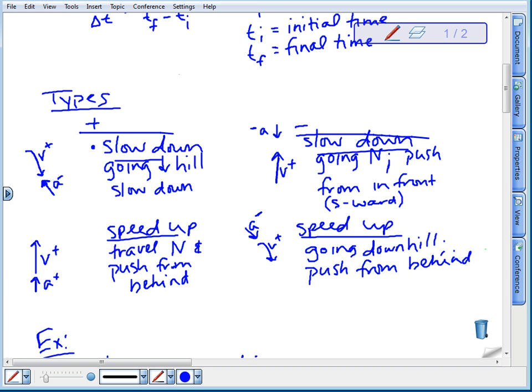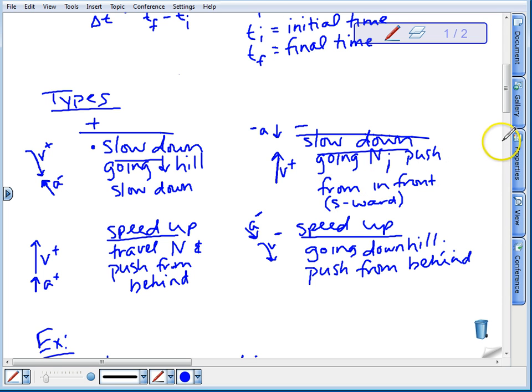Okay? So basically what this is telling you is that if your acceleration is in the opposite direction of your velocity, you're going to slow down. If your acceleration is in the same direction as your velocity, you're going to speed up. Again, here our velocity is positive, but our acceleration is negative, so we slow down. Here our velocity is negative and our acceleration is negative, so we're going to speed up in a negative direction.